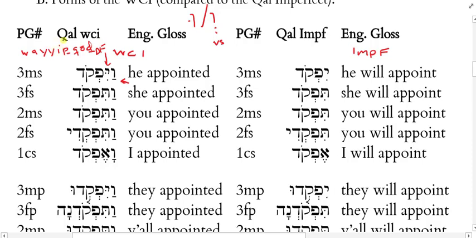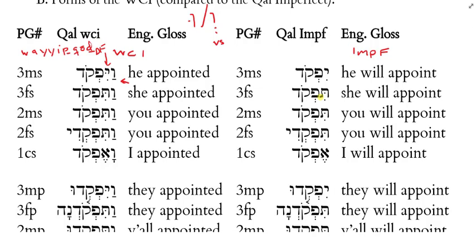So I'm doubling my prefix consonant each time. So, aside from that difference, I still have yif code, tif code, tifkadi, f code, just with the va in front. All right, and that makes it identical to the cal imperfect, aside from that special vav prefixing.